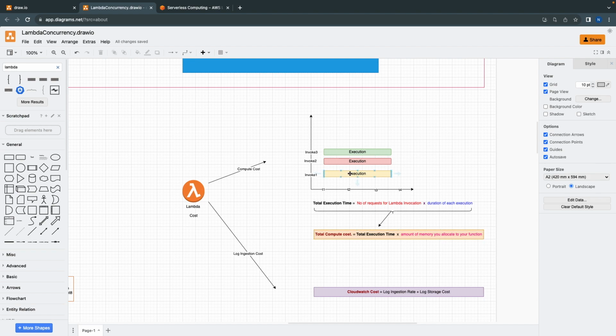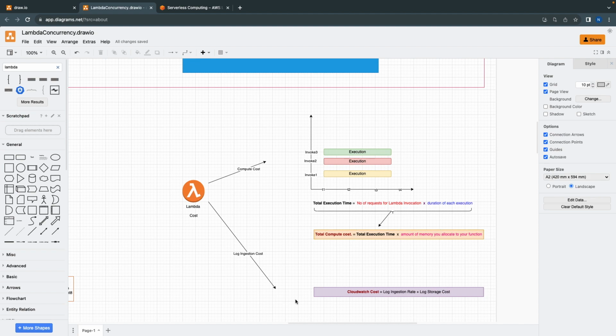When I say spiking, it tries to scale up too much, like 500 concurrent executions, or concurrently it tries to execute 700. So the compute cost would increase because the total execution time would be 700 times at that particular point, multiplied by the memory that you use for your Lambda.